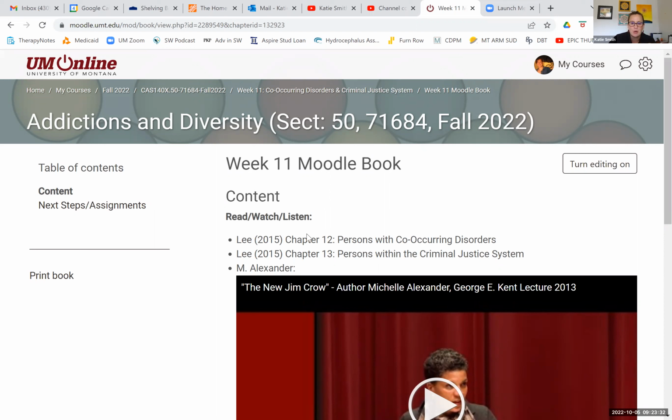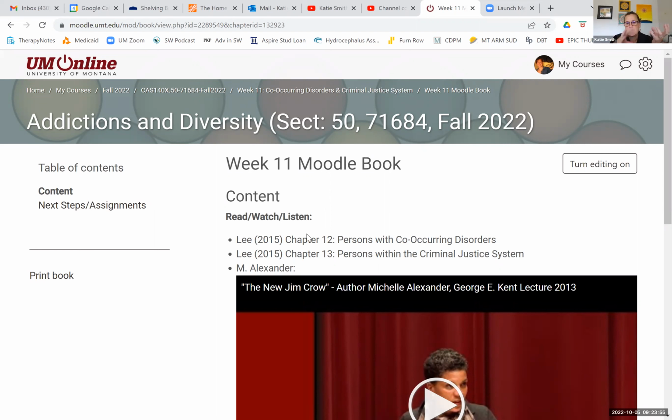Co-occurring disorder in the context of this class and in this textbook is someone with a co-occurring substance use and mental health diagnosis. Sometimes we also refer to co-occurring disorders as a person with substance use and an intellectual or physical disability.